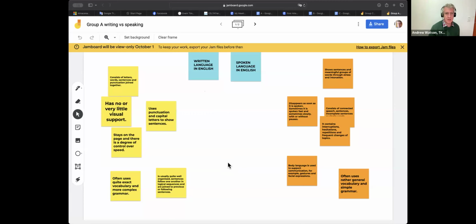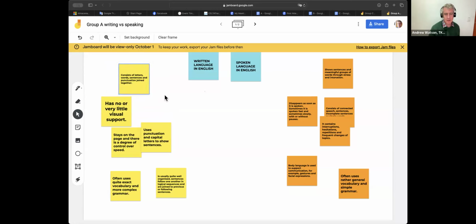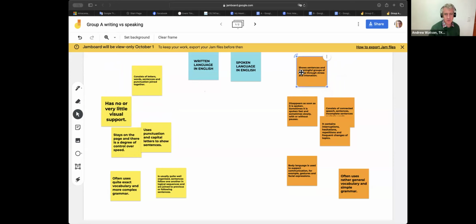So I'm going to give you another Jamboard. On the yellow side, we've got written language. And the orange side, we've got spoken.